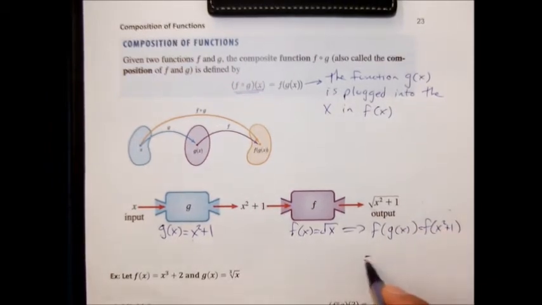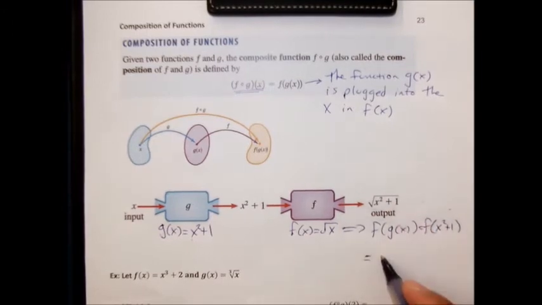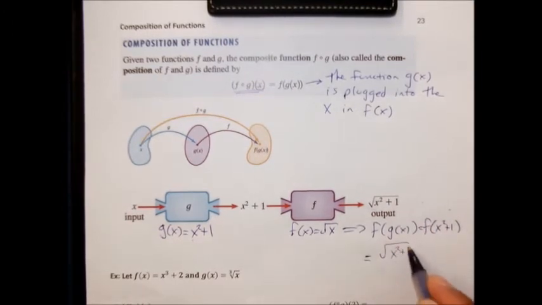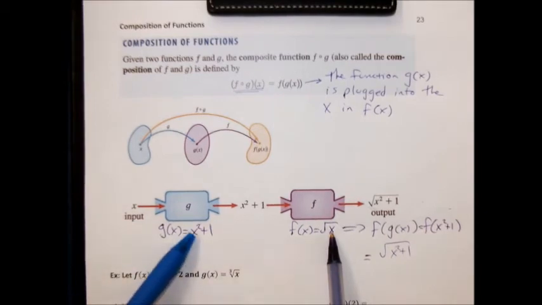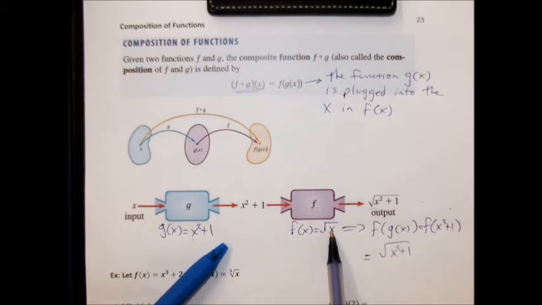And so this would be exactly what's written there, square root of x squared plus 1, because I took out this x and I put this entire function into that x. And just like we did in the last page with f of a plus h, very similar to that.